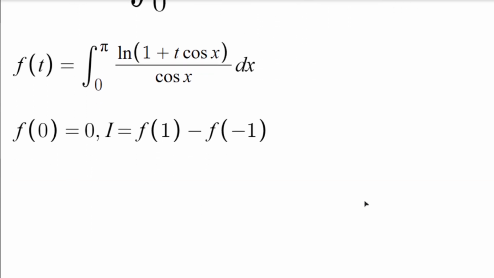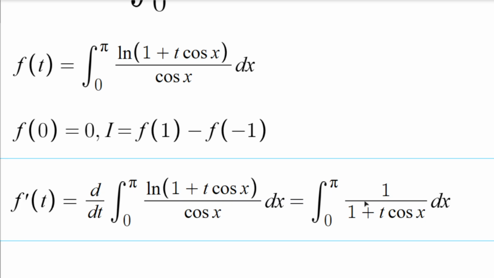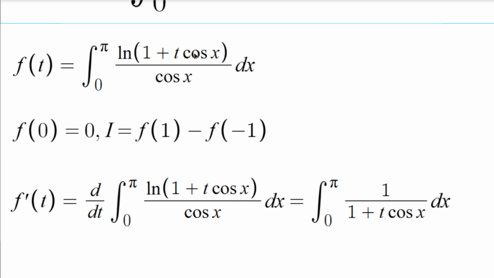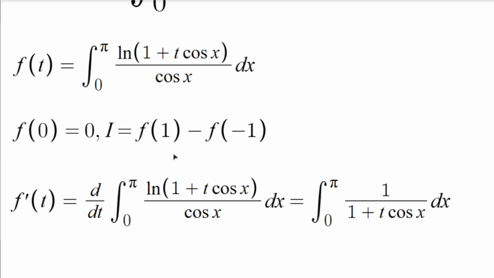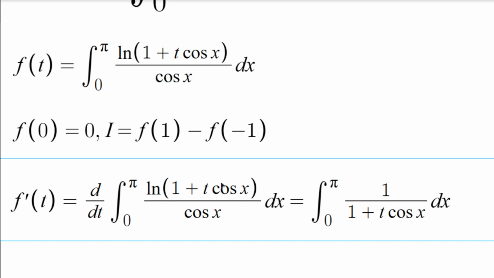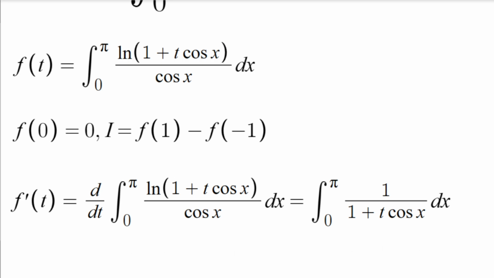All right, so next, as is standard in Feynman integration, we're going to differentiate our f of t with respect to t by using the Leibniz rule for differentiation under the integral sign, which says that we can take the derivative of this thing right here with respect to t just by taking the partial with respect to t of the integrand and leaving the rest alone.